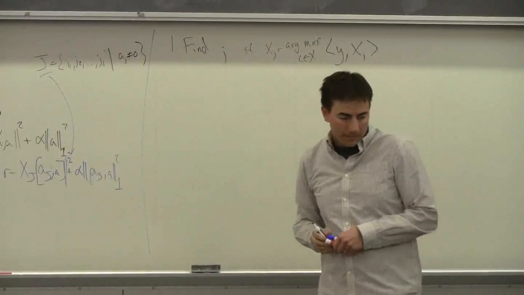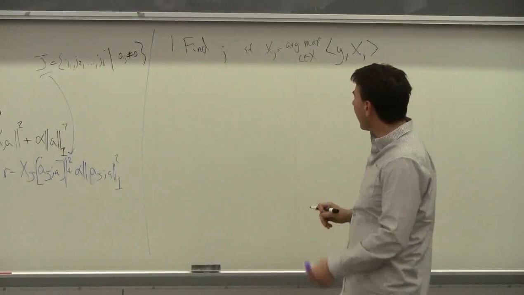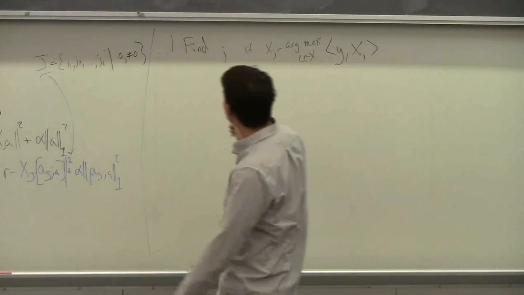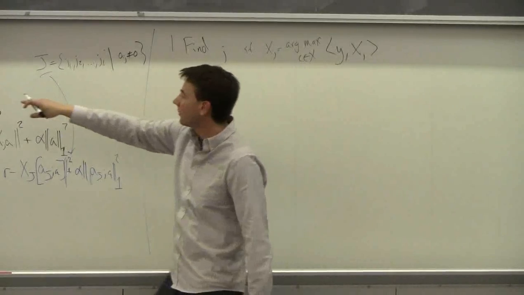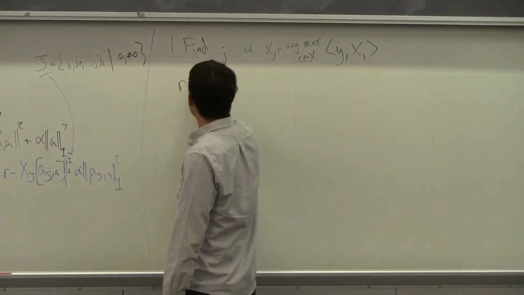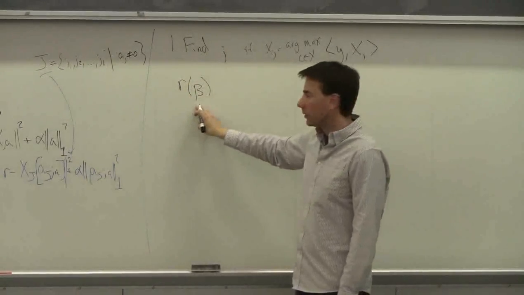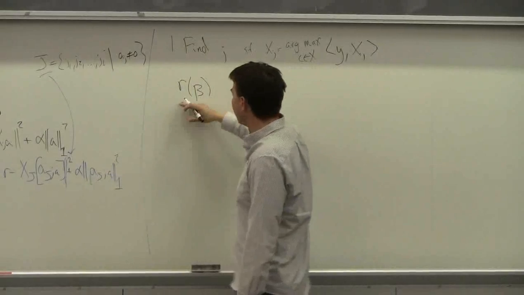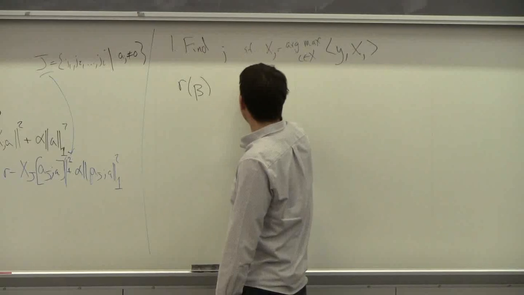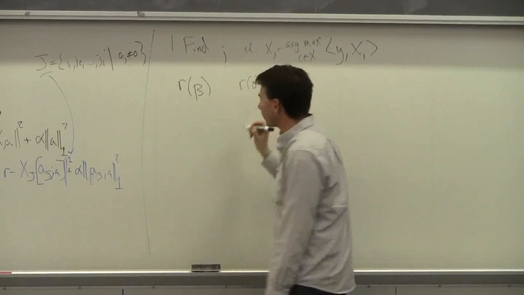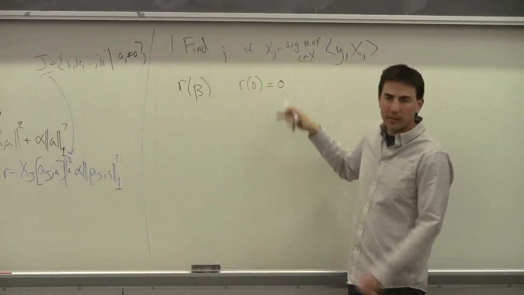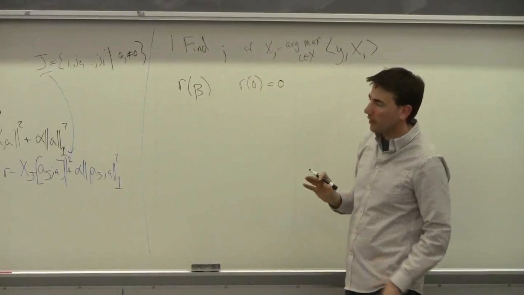Okay? And then I want to say, as I increase beta, so now instead of writing r as equal to y, I'm going to write r as a function of beta. Okay? And this is now going to have some nice structure to it. So it's going to have the property that r at 0 is going to be 0. So if beta is equal to 0, then my solution, I'm just going to return 0.